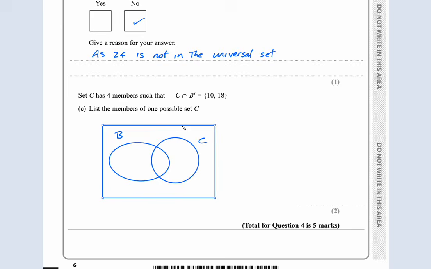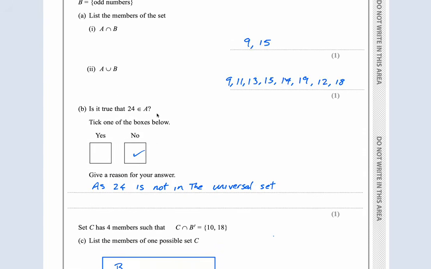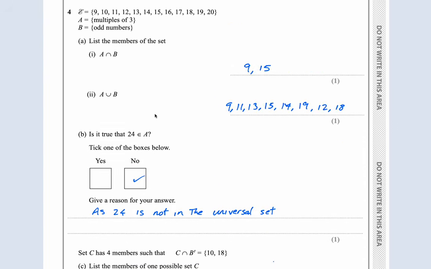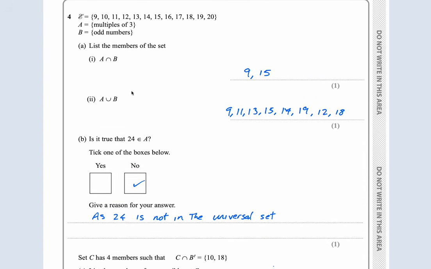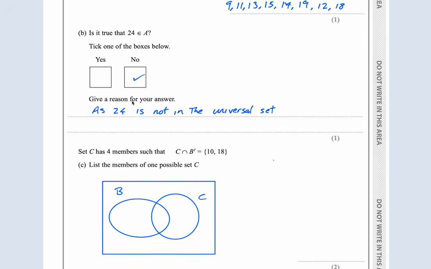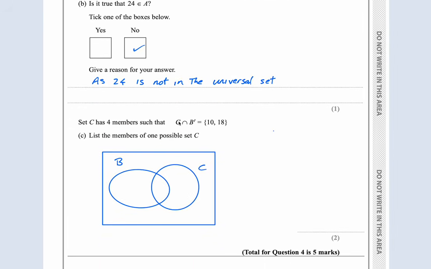I don't need to worry about A, just forget about A for the time being. So B is odd numbers, and it says C intersection not B is 10, 18. So this is 10 and this is 18. This is the C intersection, not B. It's what's in C and what's not in B.